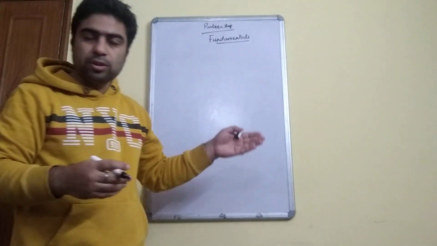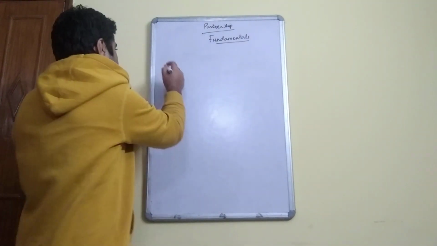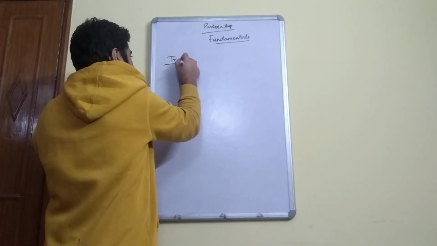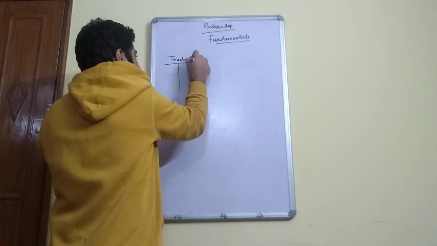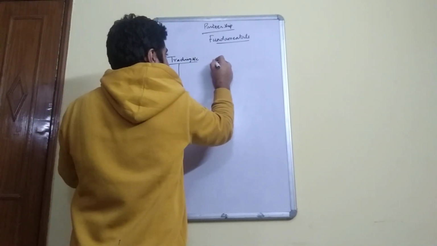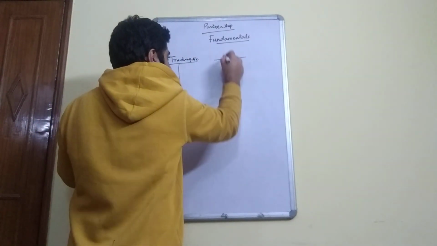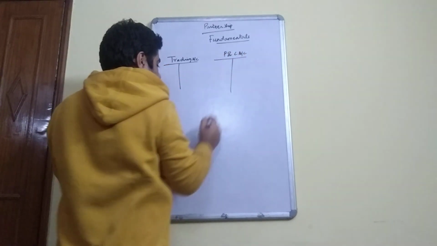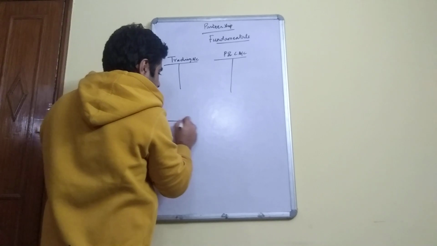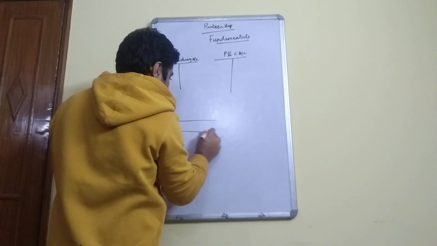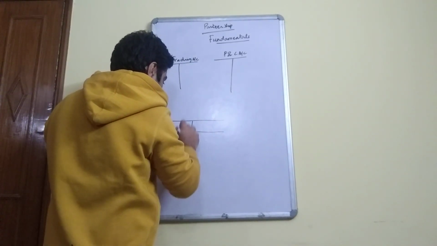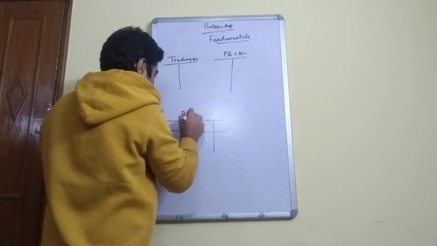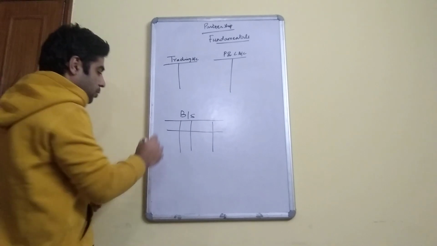In the final accounts we've done trading account, then P&L account, which is profit and loss account. And after preparing profit and loss account, we used to make the balance sheet.